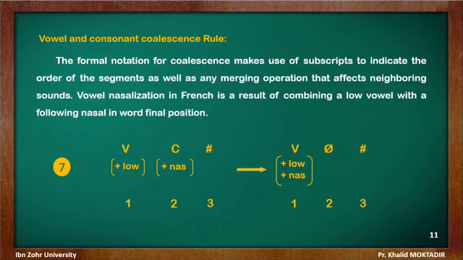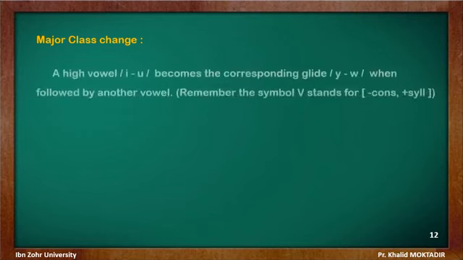So this kind of rule is one simple way of indicating how two sounds coalesce or merge into one single sound. You may need to go back to phonological processes in the previous videos to look at the data that this rule represents.